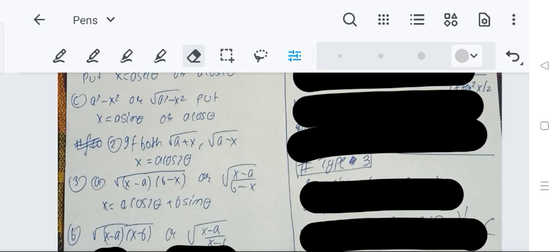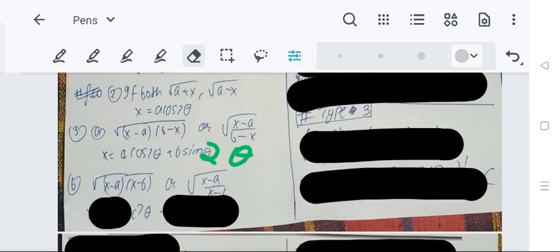The second is that if both root of a plus x and a minus x are present, then put x is equal to a cos 2 theta. Then for root of x minus a and b minus x, or root of x minus a divided by b minus x, put x is equal to a cos square theta plus b sin square theta.